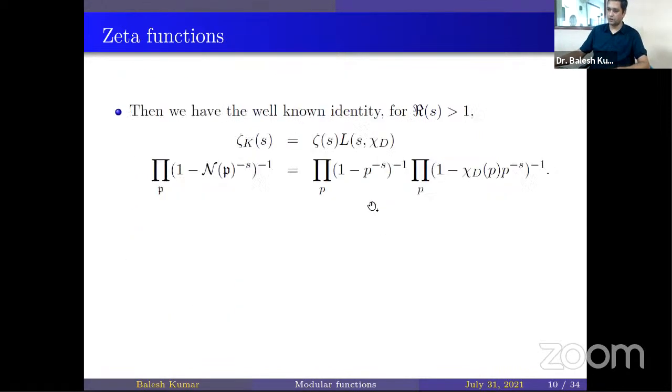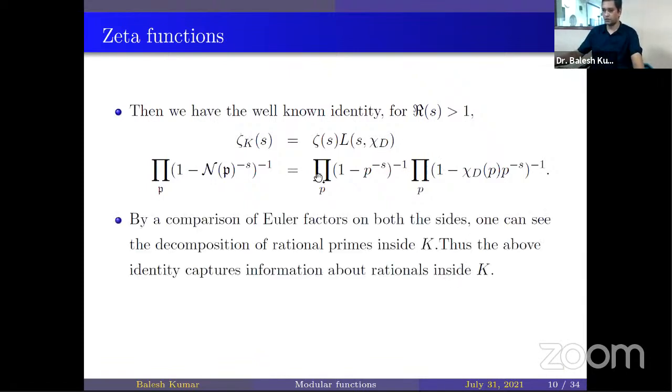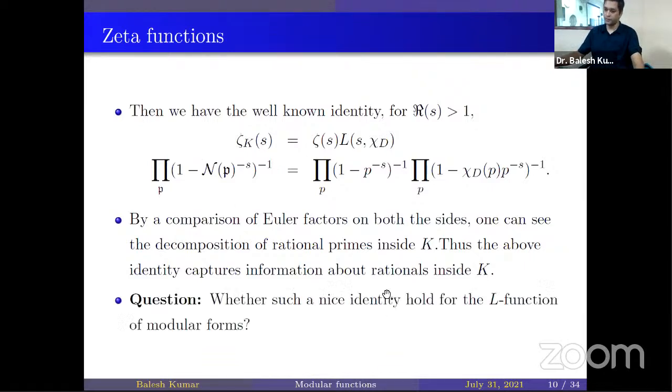By comparing the Euler factors, one can see that either the rational prime stays prime inside the real quadratic field, or it splits into a product of two prime ideals, or it is the square of some prime ideal. So this captures the information of how the integers sit inside the real quadratic field, which is captured by this nice Dirichlet L function identity.